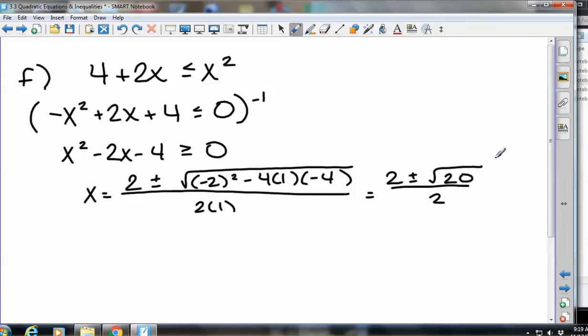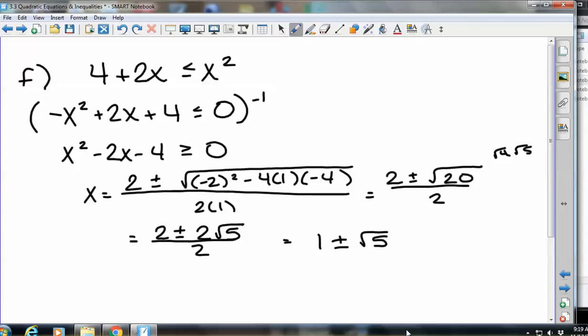How would you break down a 20? Square root of 4 is 2. Okay. Definitely not a pretty answer, but we got an answer.